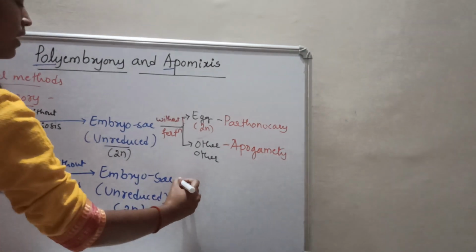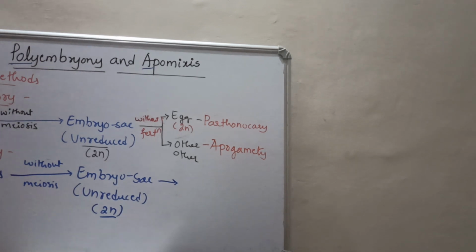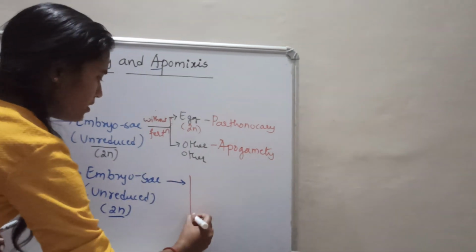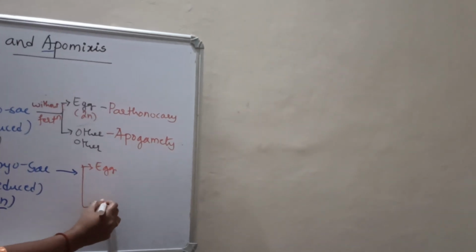Then the embryo sac has the egg cell and other cells.